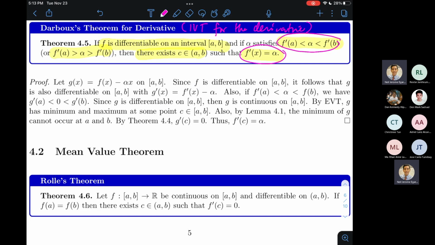But we don't know whether f prime is continuous or not. Okay? Now, even without knowledge that f prime is continuous, the fact that f is differentiable kind of guarantee na merong intermediate value or merong version ng IVT, and that's what Darboux's theorem guarantees us.